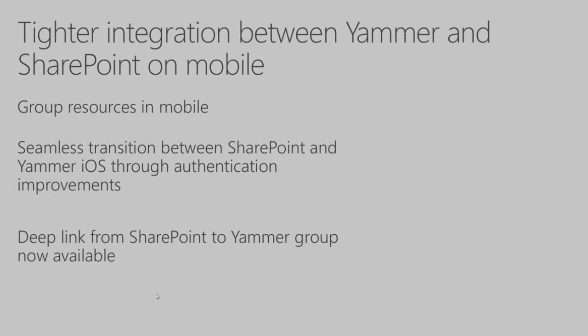But we want to make that a better experience so that we can handle the authentication for you, pass you directly into the native app on the iPhone so that you can basically seamlessly transition from Yammer to these native apps. And deep linking from SharePoint to the Yammer group is already available today.